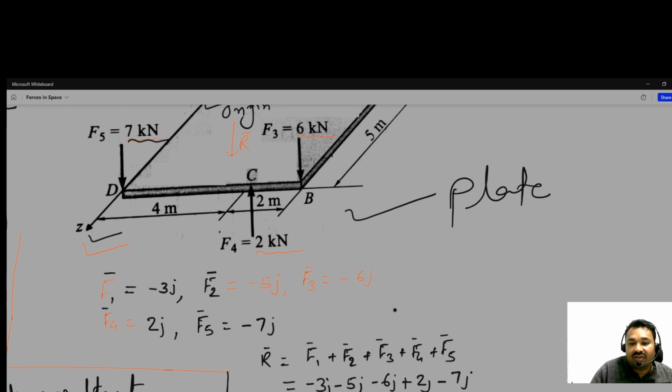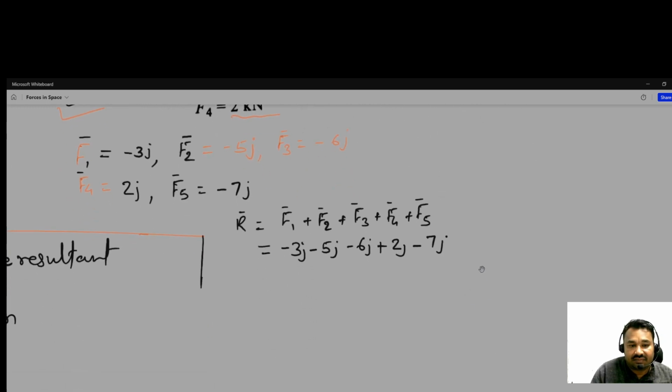Okay, so what we get? Is equal to, we get 19J.